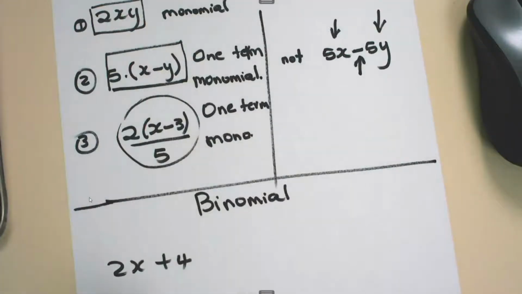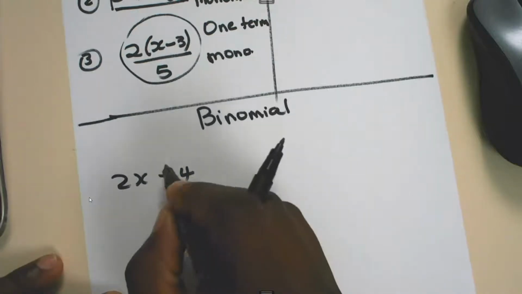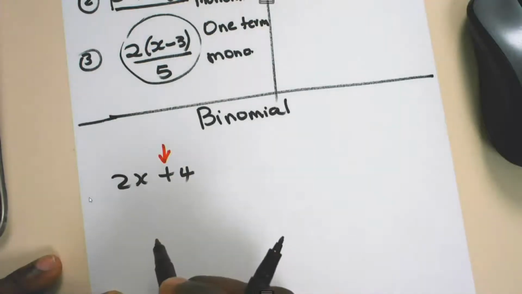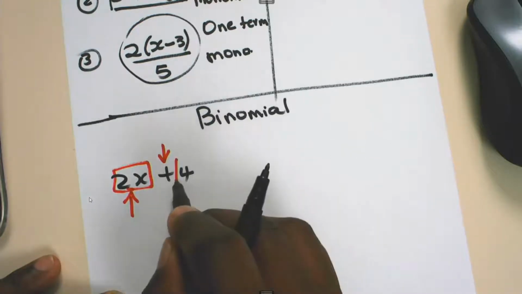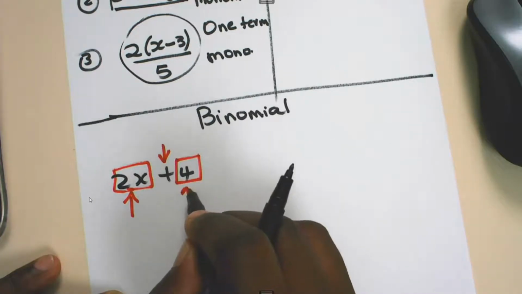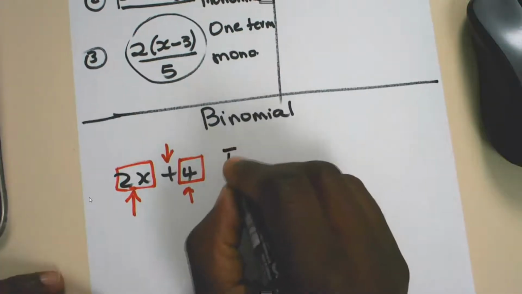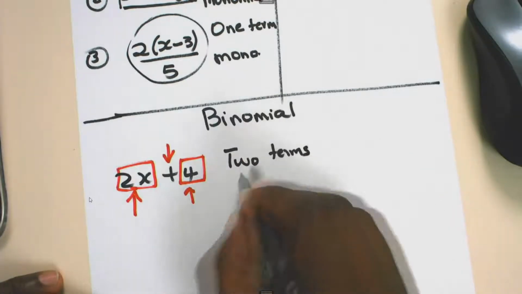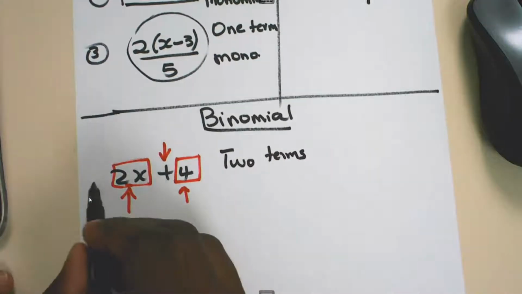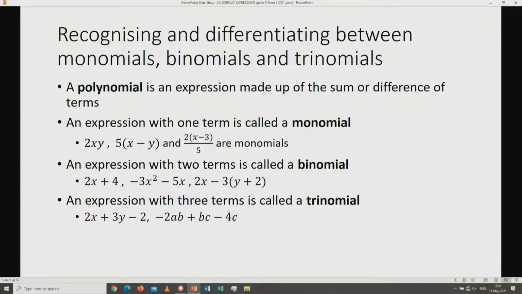It is going to be a binomial because you have a plus sign, which is an operation, and this is another term, and this is also another term, and because of that it is two terms. So when it is two terms, it's a binomial.